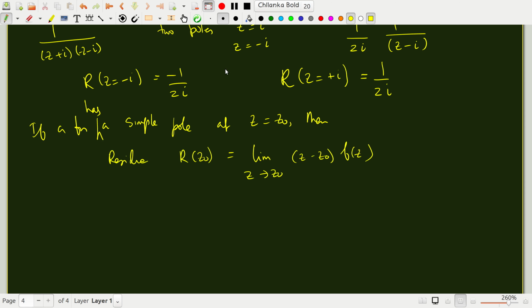This is the general formula for finding the residue about a simple pole. It's a very useful formula, as you will see shortly.